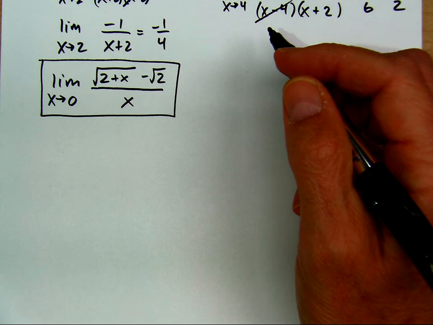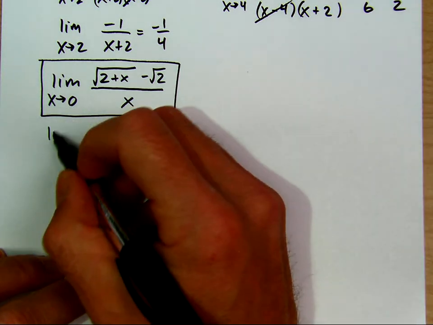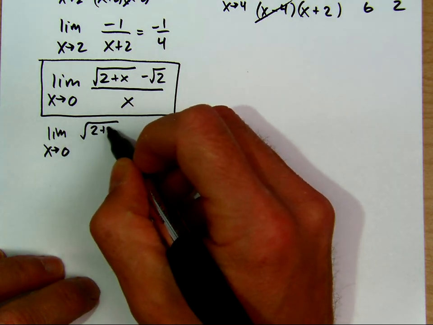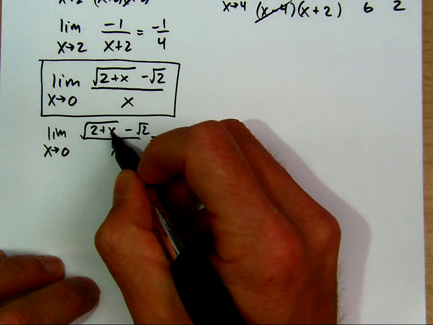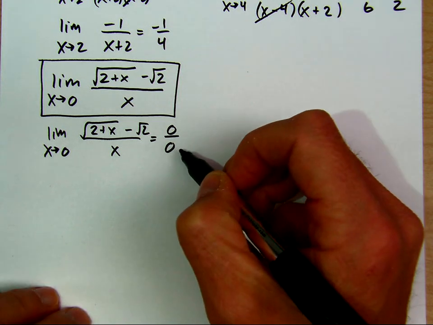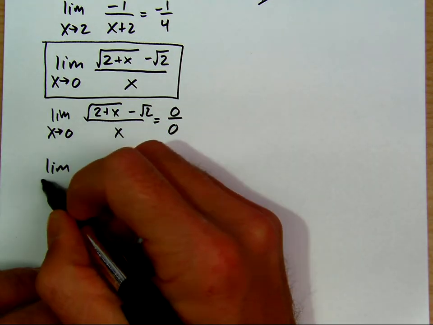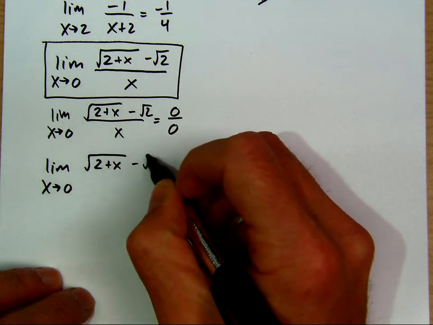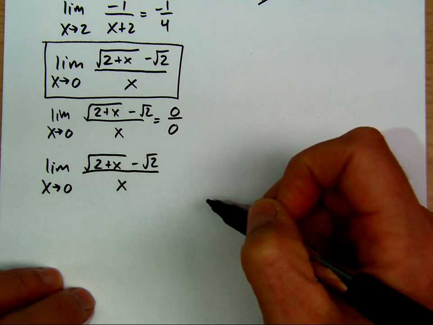Okay, so now if you have radicals, we still want to substitute to see if it is indeterminate. If we substitute a 0, we have radical 2 minus radical 2 is 0, and we have 0. Because it's indeterminate, we have to try to cancel. And here's our strategy for dealing with radicals.